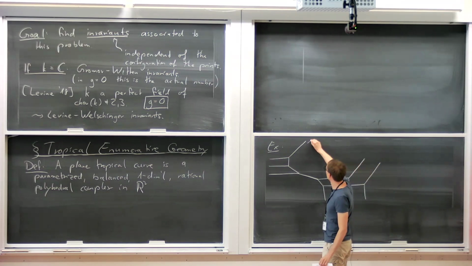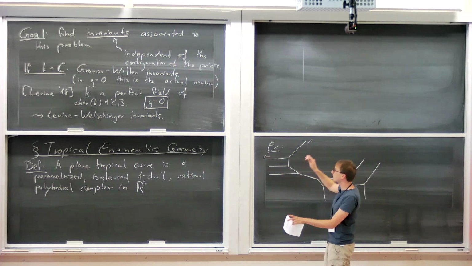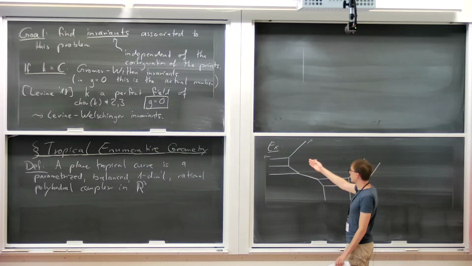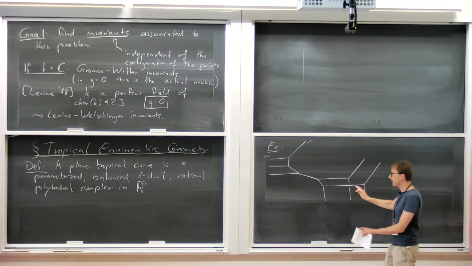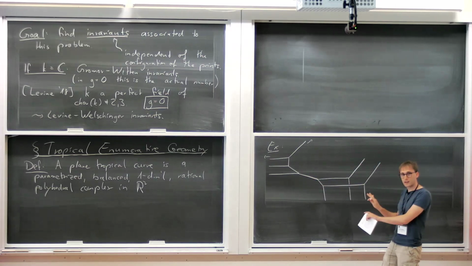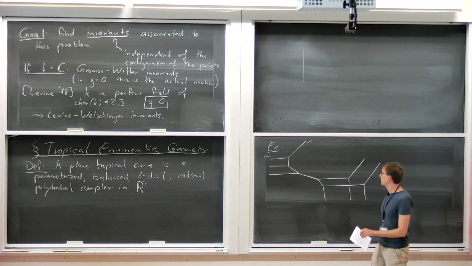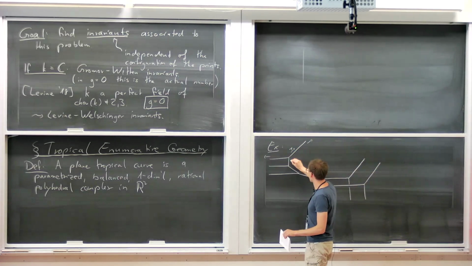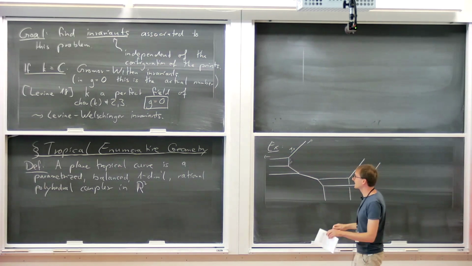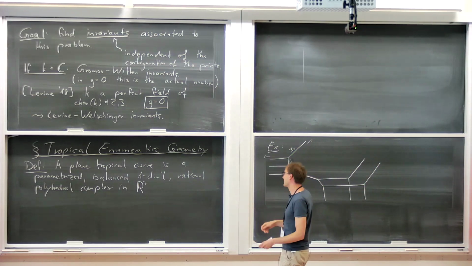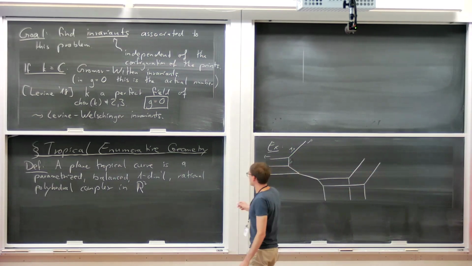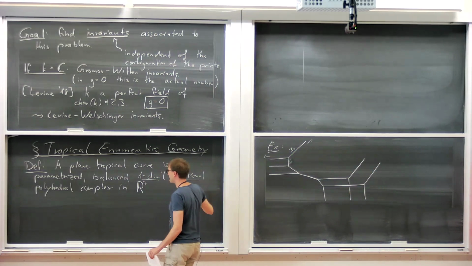So these guys here, they go off to infinity in those directions. It is rational in the sense that all the slopes of these things as embedded in the real plane are actually rational numbers. Here you've got a slope of 1, here you've got another slope. Okay, so we see one-dimensional. We can imagine rational.